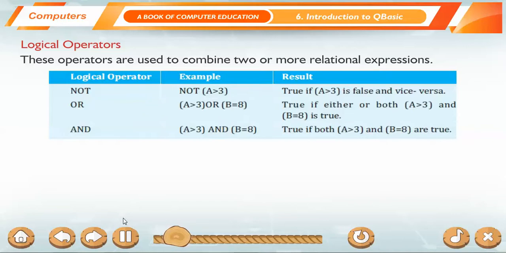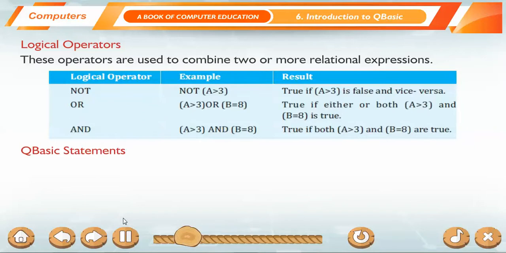And: (a > 3) and (b = 8) is true if both (a > 3) and (b = 8) are true.